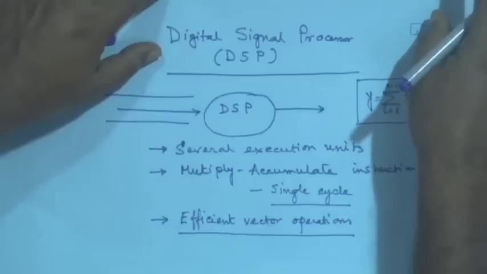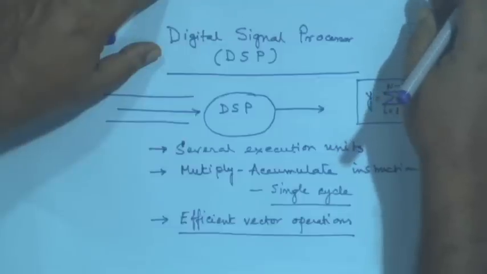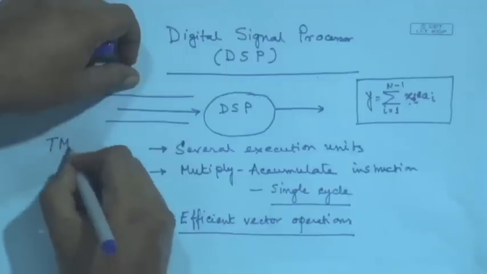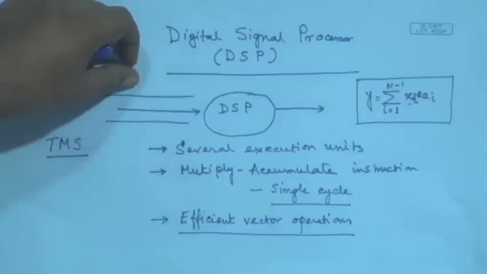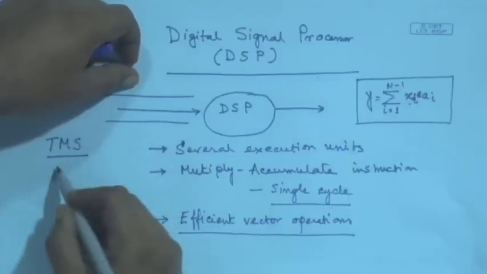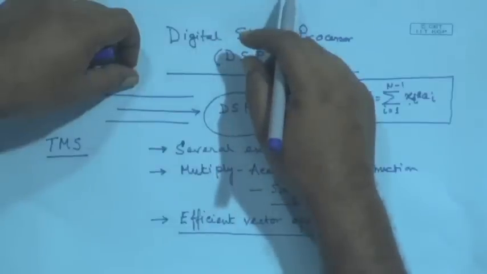So, those sort of operations we will see in the instruction set of some typical DSP processors. I would suggest that all of you try to look at some Texas Instruments TMS series DSP processors, okay, and look at their instruction set.